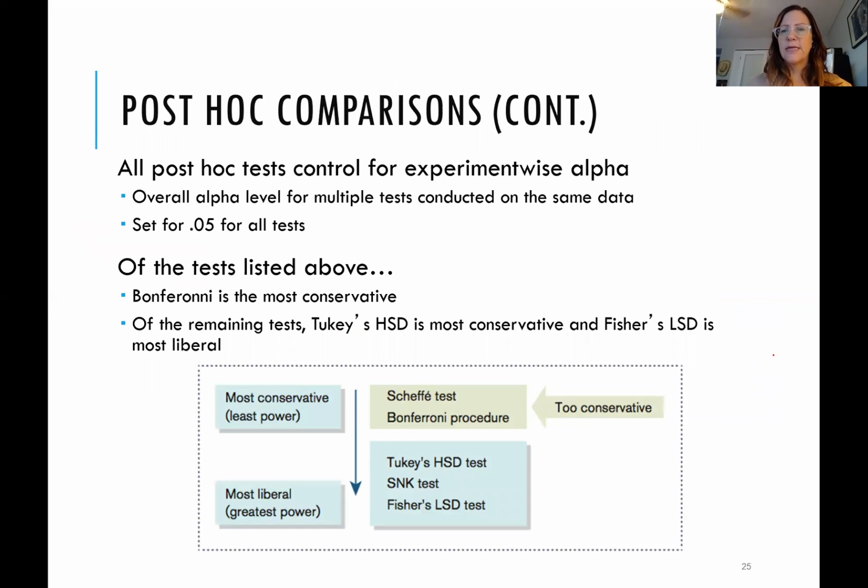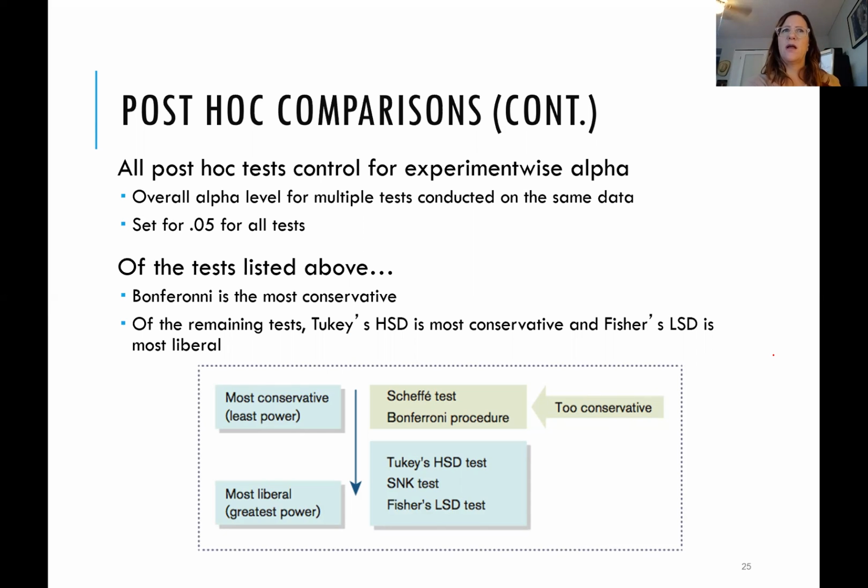Hopefully this made sense. Some of the reasoning for doing post hoc comparisons is because it controls for error. It's called experiment-wise alpha, meaning that basically for every test we run, we're running the risk of error. So for every alpha level, we're running the risk of error. So if we did an independent t-test and let's look at group 1 versus group 2, we're setting an alpha of 0.05.